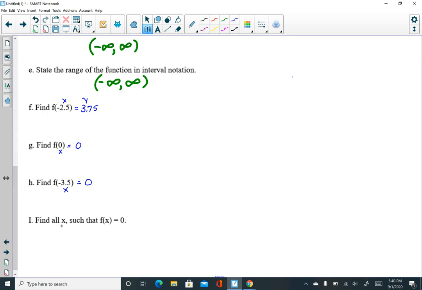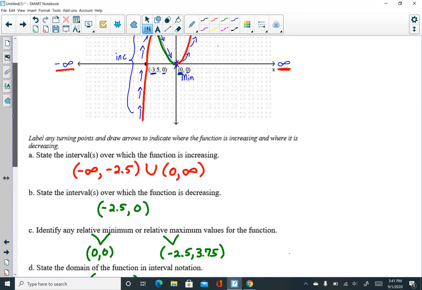And then lastly, in part I, it wants us to find all x such that f of x equals 0. So remember, f of x is the same as y. So it wants us to find all the x's for where y equals 0. There's a couple of spots, right?